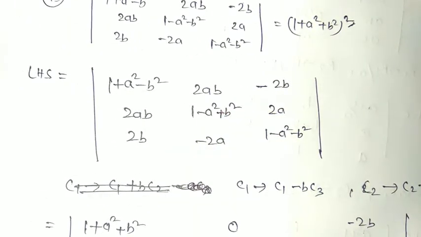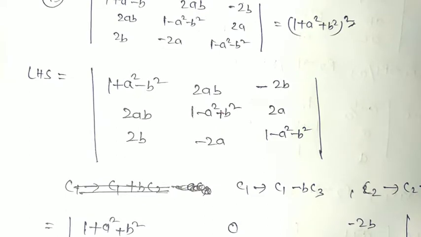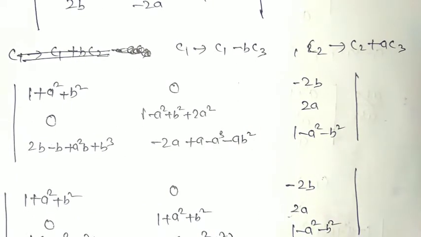Now 2a square plus 1 minus a square plus b square equals 1 plus a square plus b square. And a into minus a square minus a b square plus a, when added to minus 2a, we can take minus a common.